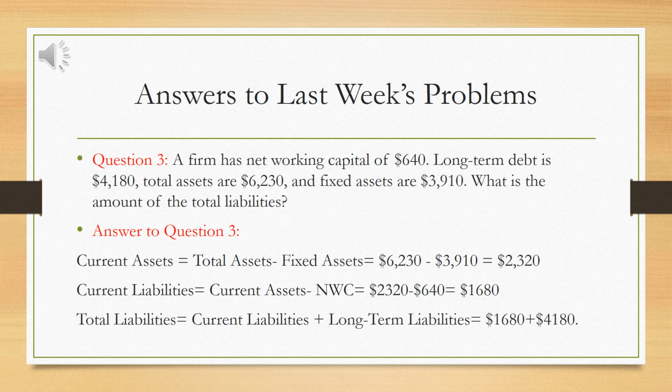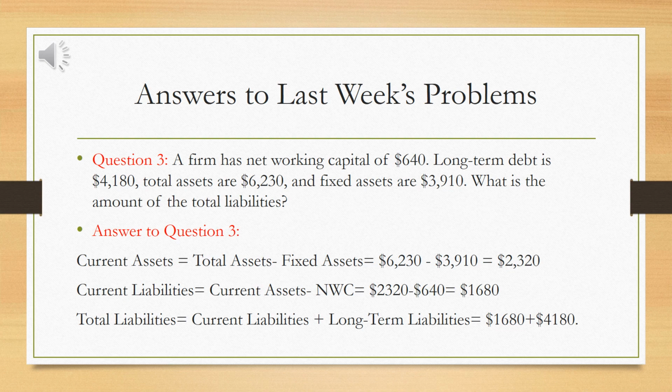We also know that since net working capital is equal to current assets minus current liabilities, then current liabilities are equal to current assets minus net working capital. And net working capital from the given is equal to $640. Thus, we need to find current assets.